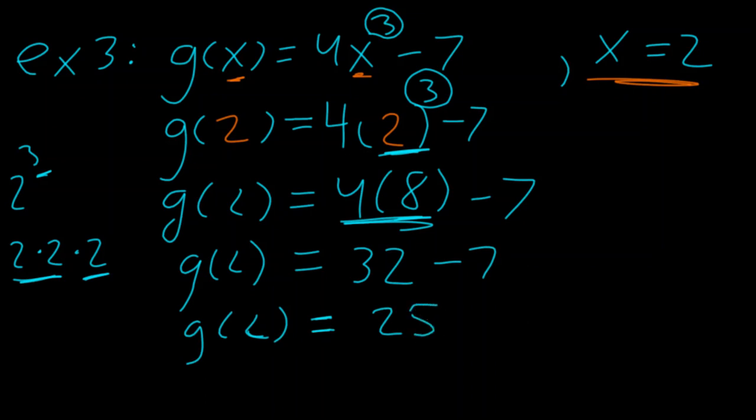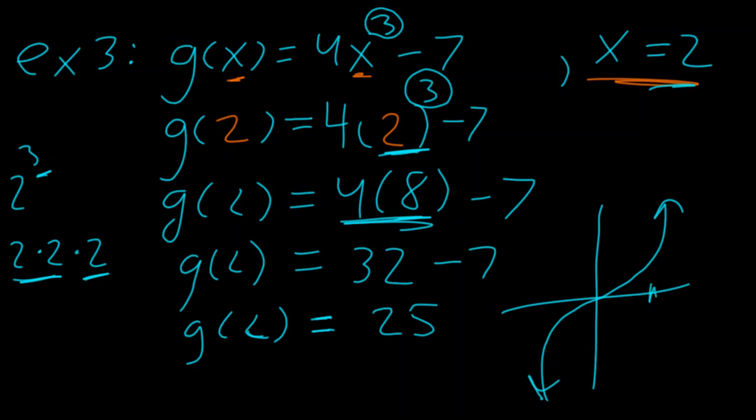Okay. Now once again, as always, I want you to understand what is going on with our graph. Well, we have an odd function, so it looks like this. And we're saying when x equals 2, so let's say that's 2, if we go up to this graph right here, what height is it at? It's at a height of 25.